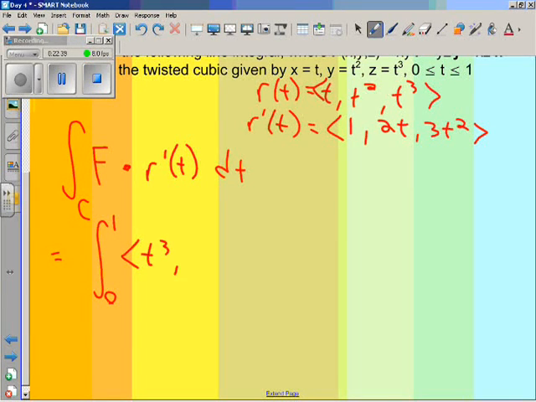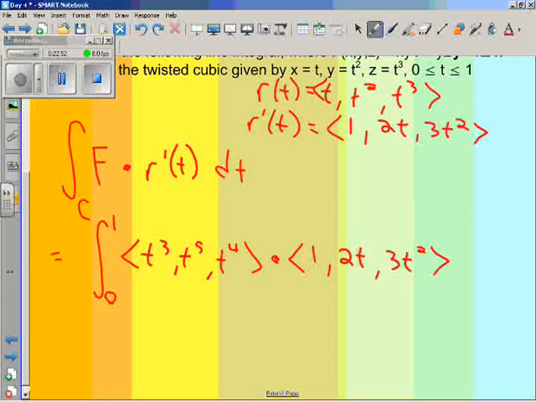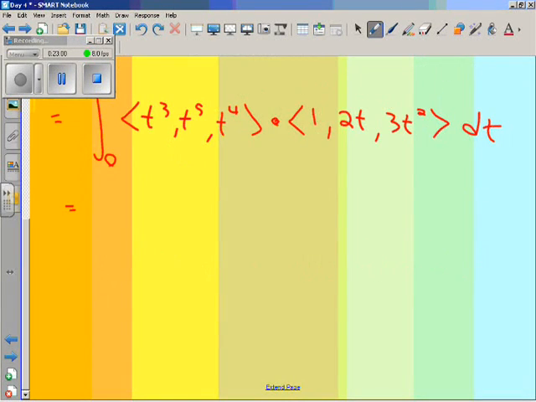This was t cubed, t to the fifth, t to the fourth, dotted with 1, 2t, 3t squared. So I think we'll have t cubed plus 2t to the sixth plus 3t to the sixth.